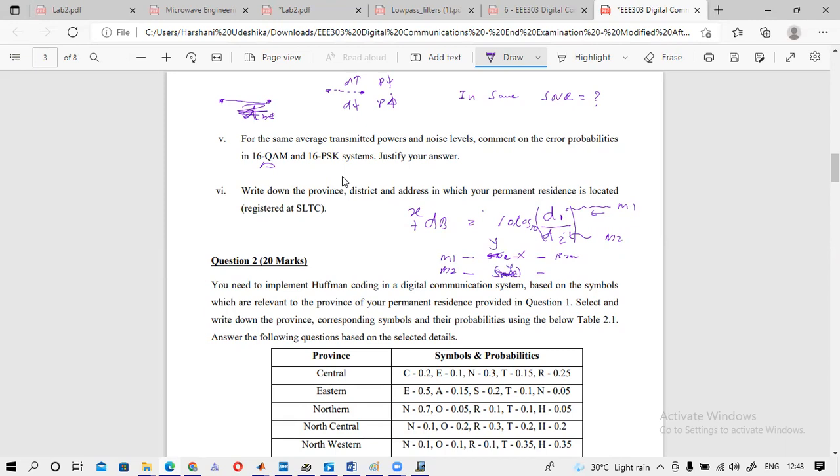So let's say it is 20 dB SNR. If M2 has some error probability at 20 dB SNR, the same error probability will occur in M1 at 20 minus x SNR.